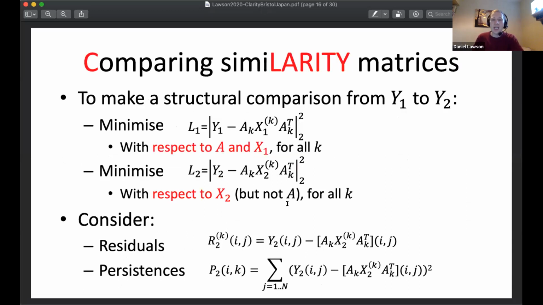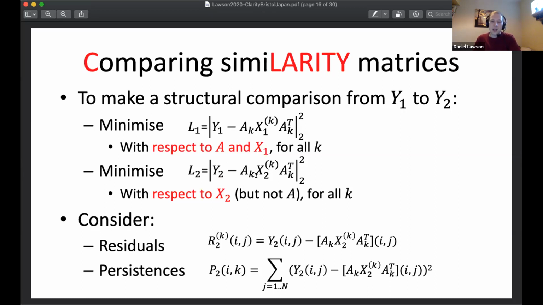Okay, so in any case, however we arrive at our definitions of A and X, we now want to use them to compare two similarity matrices. The procedure is that you learn A and X from the first data set, Y1, a similarity matrix, and we then keep that structure we learned, the A, and apply it to the second similarity matrix, Y2.